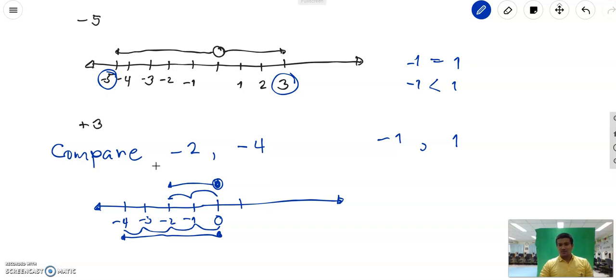By showing it in the graph, on this line. This is our origin, which is 0, this is 1, and this one is negative 1. So negative 1 is going to negative infinity, and positive 1 is going to positive infinity. Therefore, 1 is greater than negative 1.